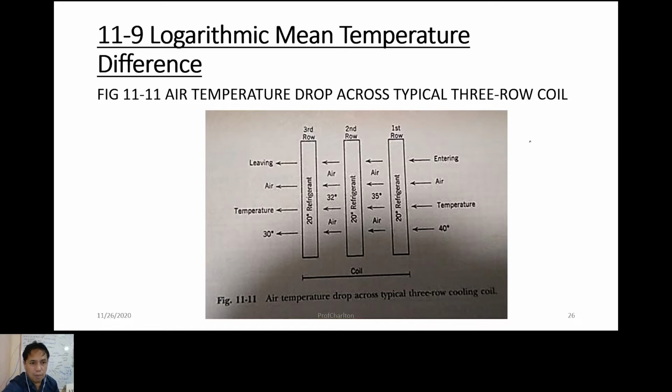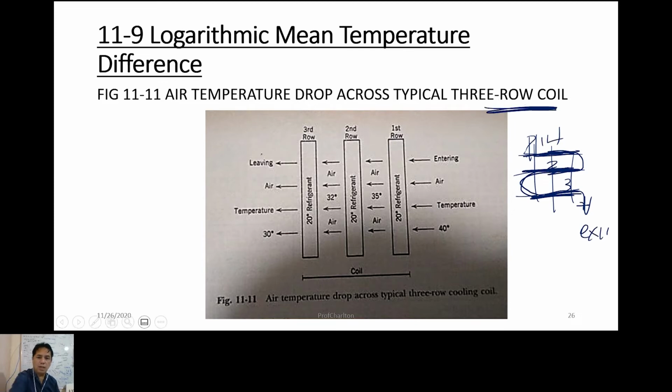For example, row 1, row 2, row 3. So column, row. For example, 3 rows: 1, 2, 3 rows, then exit, so out. This is in 3 rows.